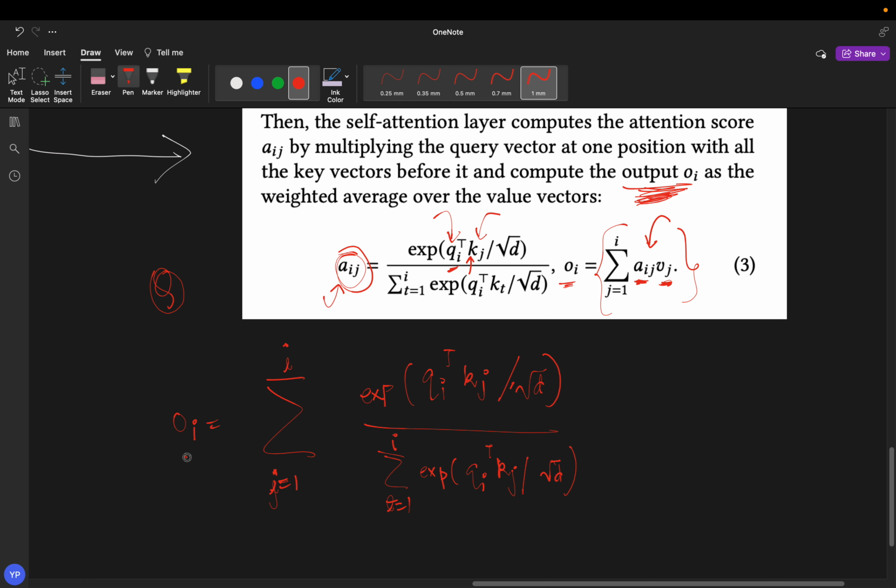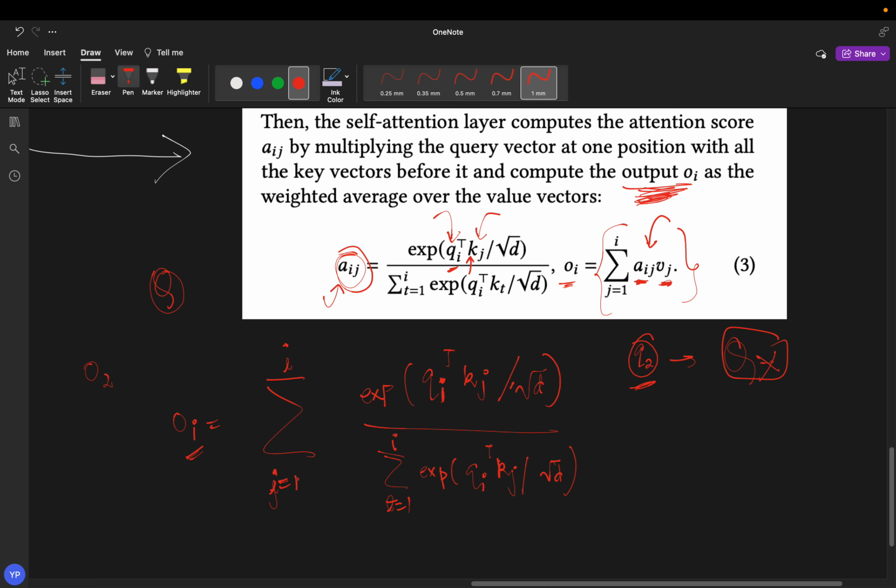So here notice that i is fixed, right? For a particular sequence output, say you want to compute O2, the output 2, you would be taking only the query Q2, not the entire Q. The small q represents the particular index here. So you're not using the entire Q, just that particular portion, and you're iterating over j.